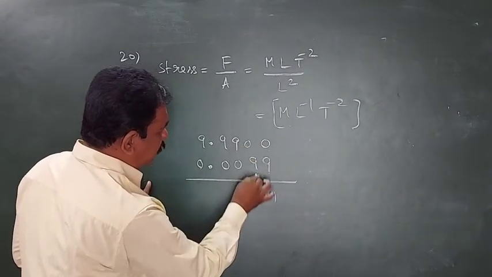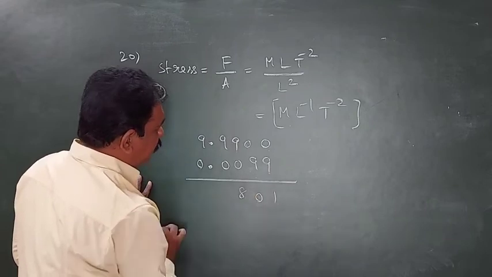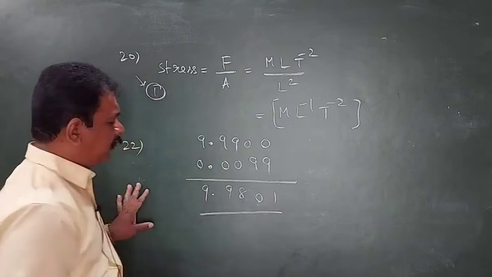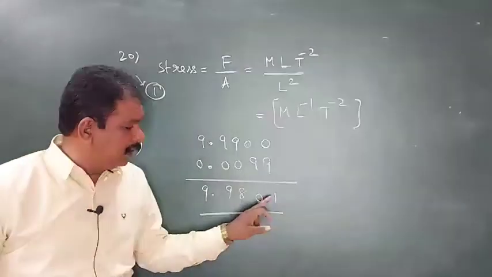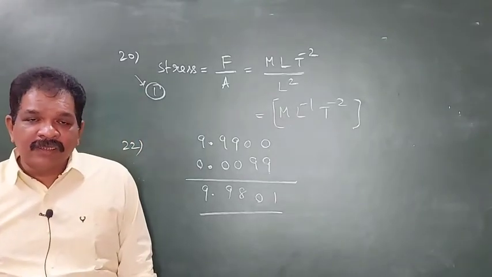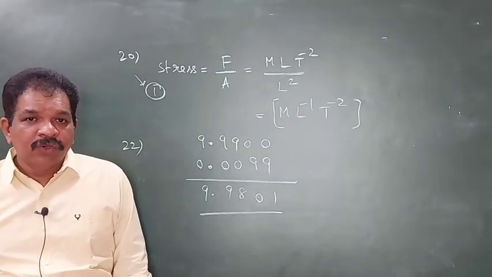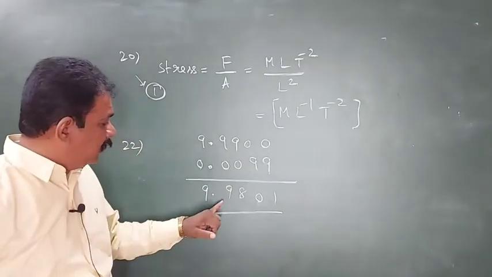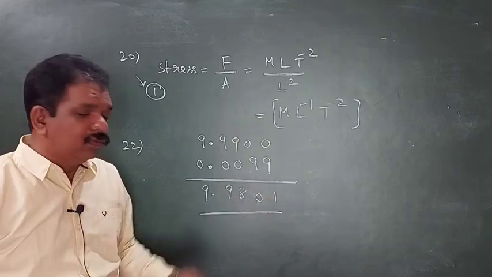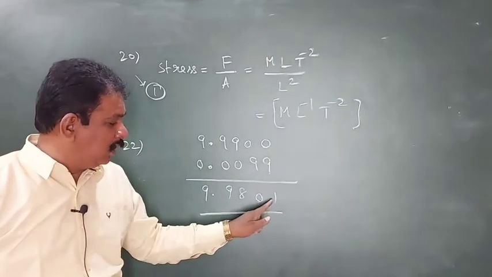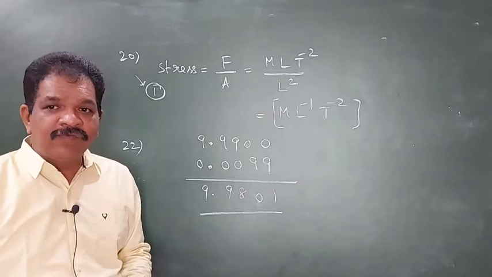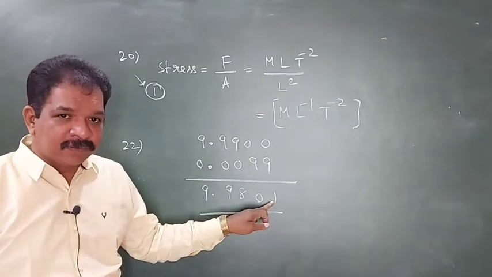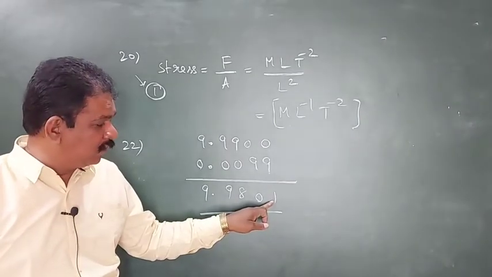Here 1, here it will be 0, this will be 8, this is 9, this will be 9. 9.9801. The final answer will also have two significant figures after the decimal point. Here the final answer has 1, 2, 3, 4 figures after the decimal point. That's why you neglect this one. You round off this one.